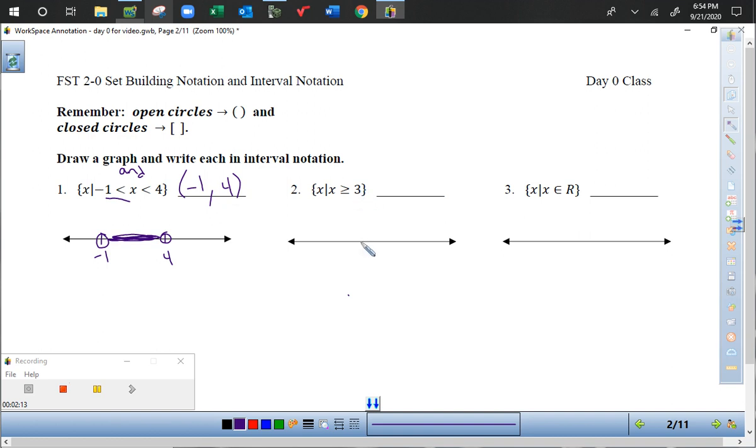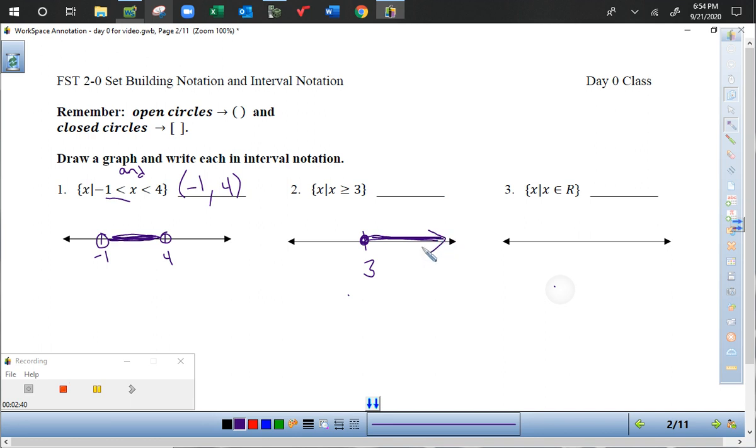Next up, we just have one number. Okay, so we're putting on our number line 3 here, and we want all the solutions that are greater than or equal to 3. So this time 3 counts, so we want to put a solid dot on 3, and then we want all the numbers on the number line that are larger than that, so it'll point exactly the direction you see. Right? So low number, high number for this one to switch to interval notation will look a little bit different because there's an arrow involved.